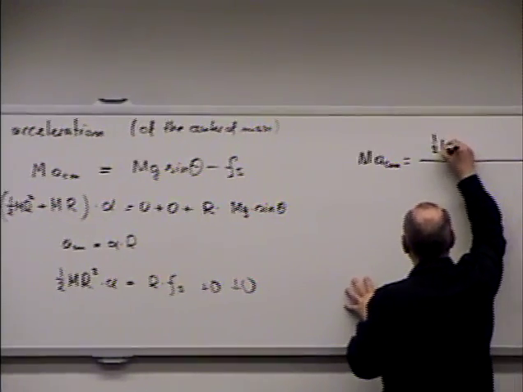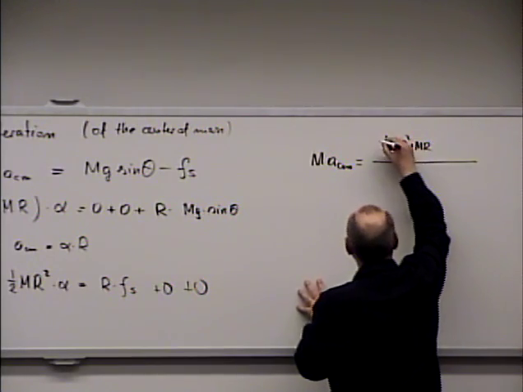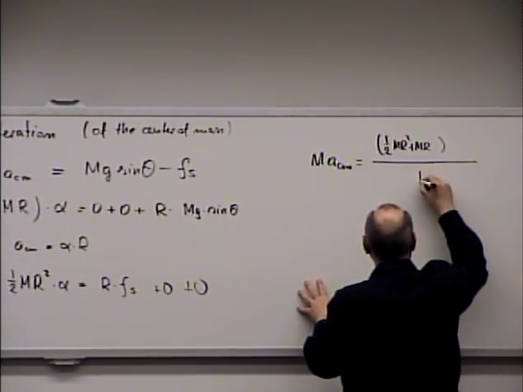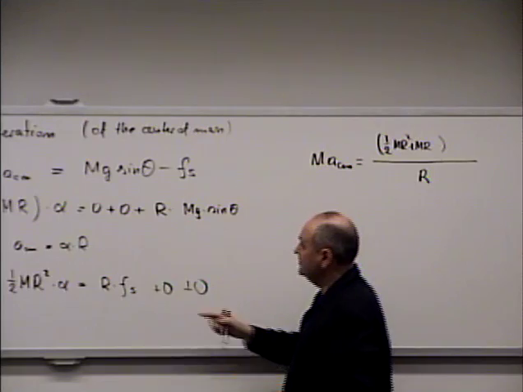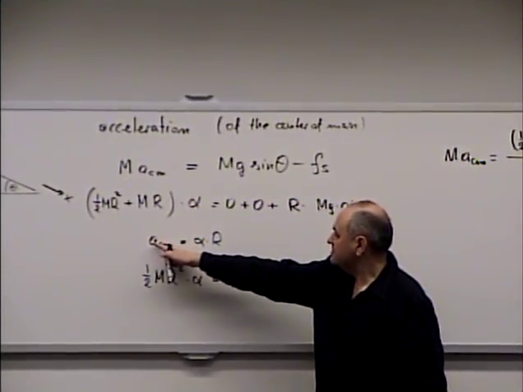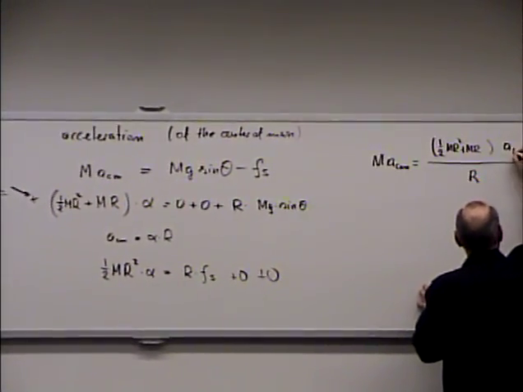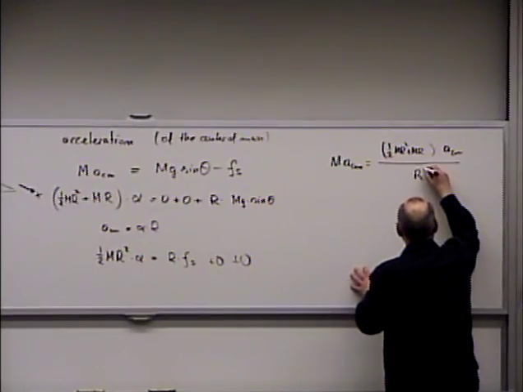So this 1/2 mr squared plus mr, divided by r. And instead of alpha, I will put acceleration of the center of mass divided by radius.